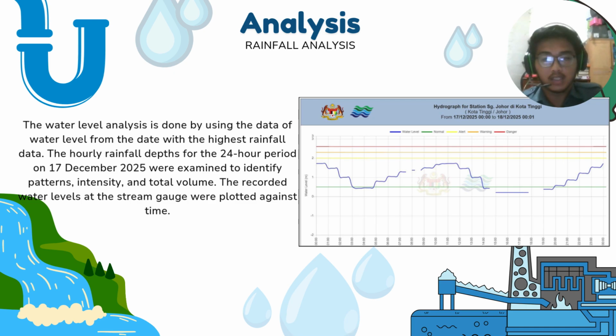So from the zero of the time, the water level is 1.72 meter. The interval of the time is 1 hour to 1 hour. So the next hour, which is at 1 hour, the water level decreases to 1.47 meter.